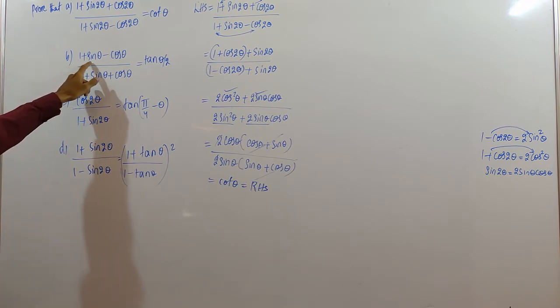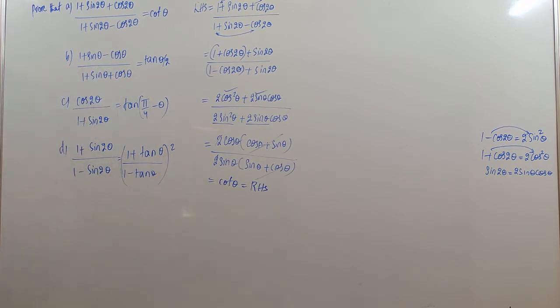Similarly, we have to prove (1 plus sin theta minus cos theta) divided by (1 plus sin theta plus cos theta) equals tan theta by 2.